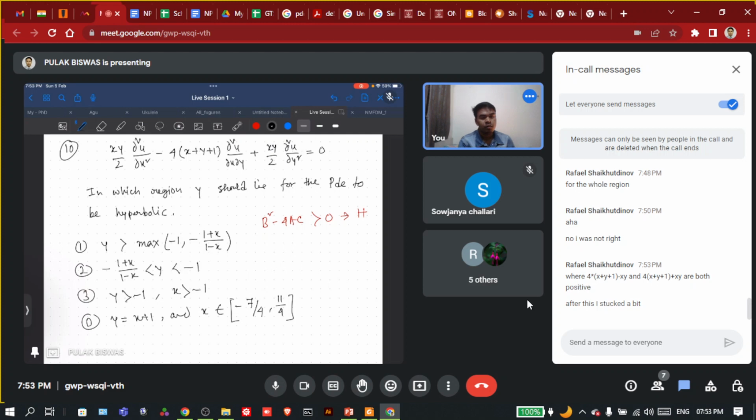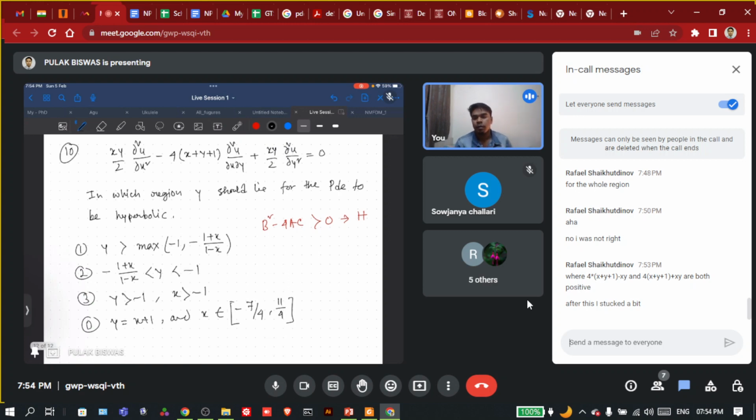Okay, you have to find the region of y. Or you can try this one later, and again we will be having the next session on the next Sunday, and the remaining things, along with other things for the week 2, will be discussed in that session.